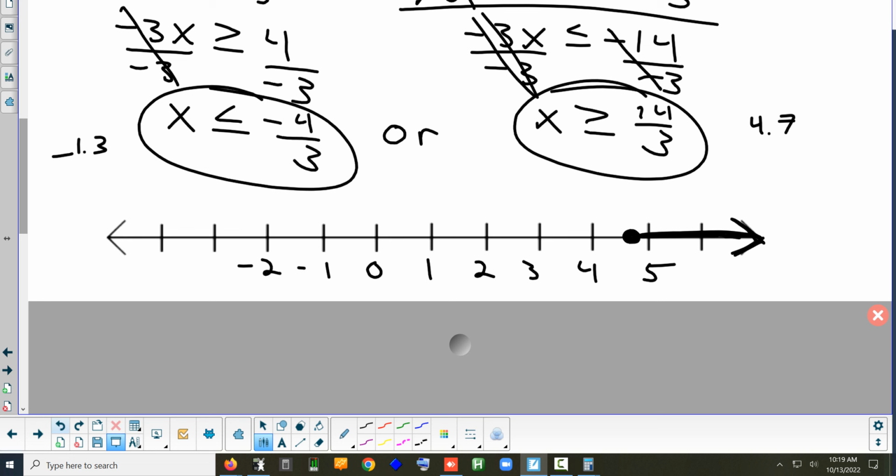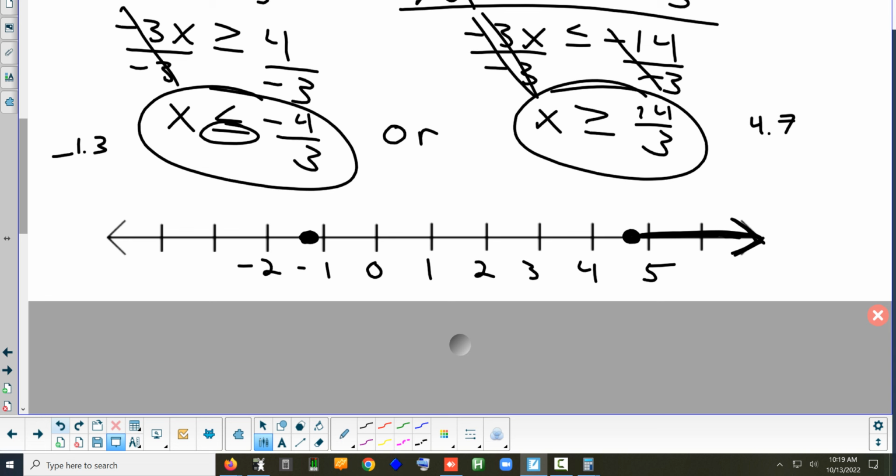And the second one, Annika, where's negative 4/3? Yeah, it's between -2 and -1. A little bit closer to -1. Okay. So let's put our dot there. This is still going to be a closed circle because it has the equal to. And Sean, which way am I going to shade this time?